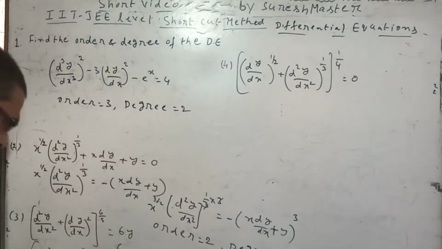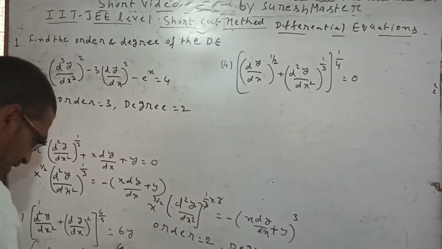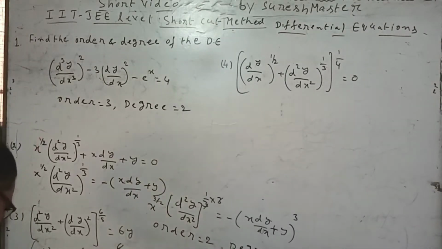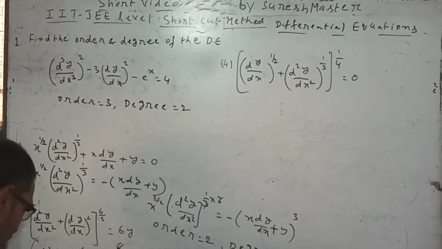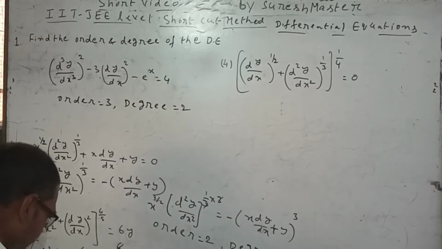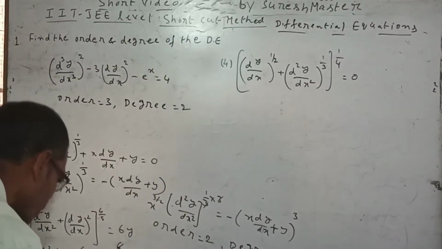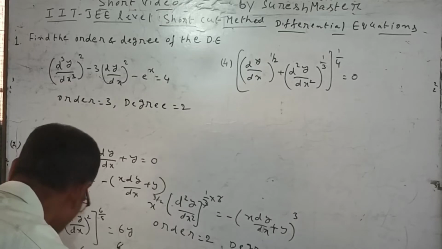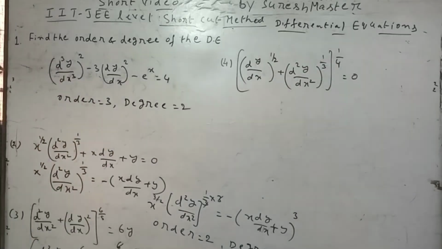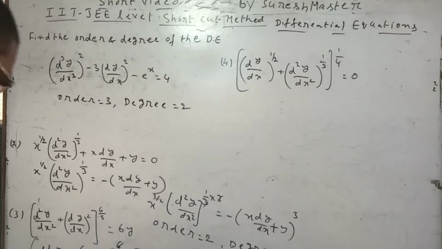So the 5 gets cancelled, the 6 gets cancelled. What remains? d square y by dx square plus dy by dx equal to 6y. So what is the highest order here? Second order. This is a second order equation.